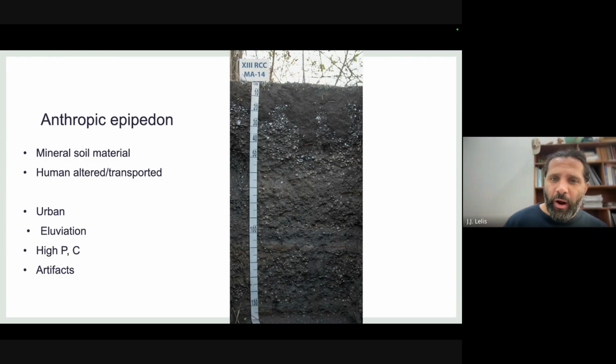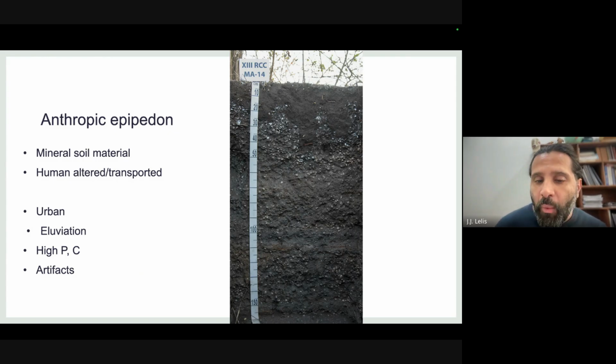So I already showed you this photo. In this photo you can see this very dark horizon, and it's very, very thick, more than 100 centimeters, 150 centimeters, but it's everything at topsoil because everything was produced at the surface by human action. Why am I saying that?